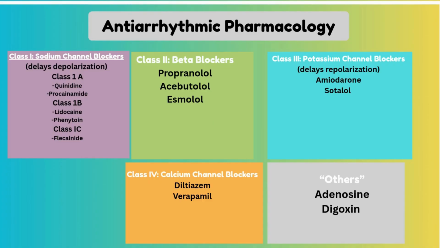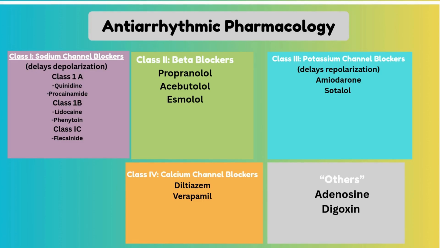Antiarrhythmic pharmacology. I have covered this content under the pharmacology playlist, so I suggest you go there if you want to go in depth and understand what different classes do and what you need to know about each class. But there are 4 classes: sodium channel blockers, beta blockers, calcium channel blockers, and potassium channel blockers.